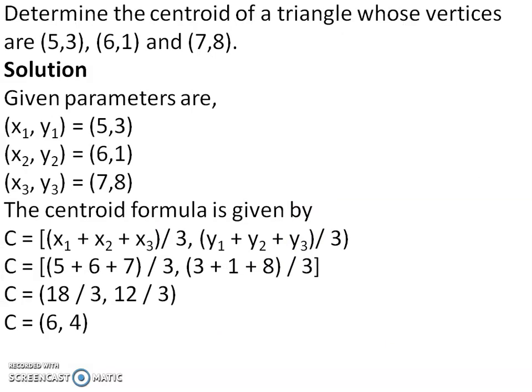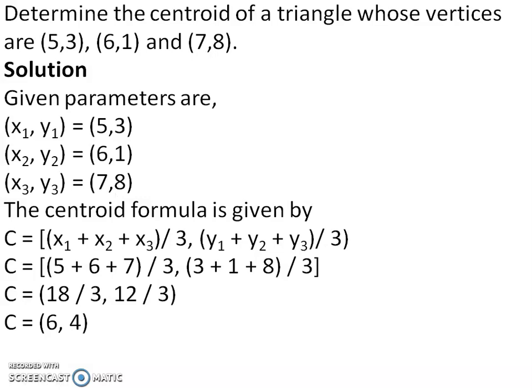Determine the centroid of a triangle whose vertices are (5, 3), (6, 1) and (7, 8). Here I have written that (x1, y1) we have taken as (5, 3), (x2, y2) as (6, 1), (x3, y3) as (7, 8). So what is the centroid formula?